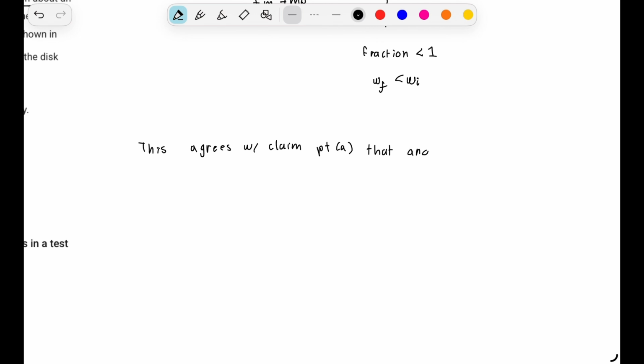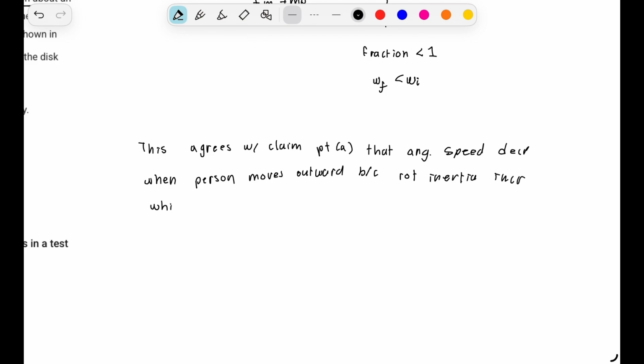You can say angular speed decreases when the person moves outward, because the rotational inertia increases while the angular momentum stays constant.